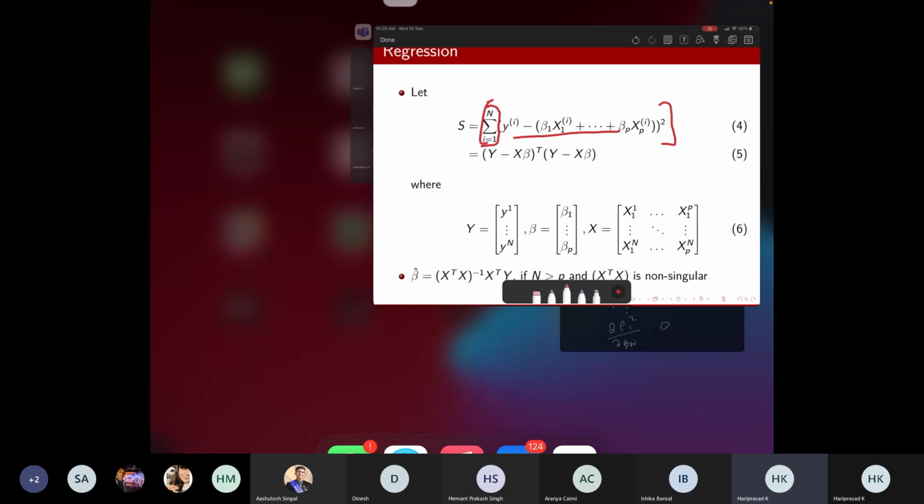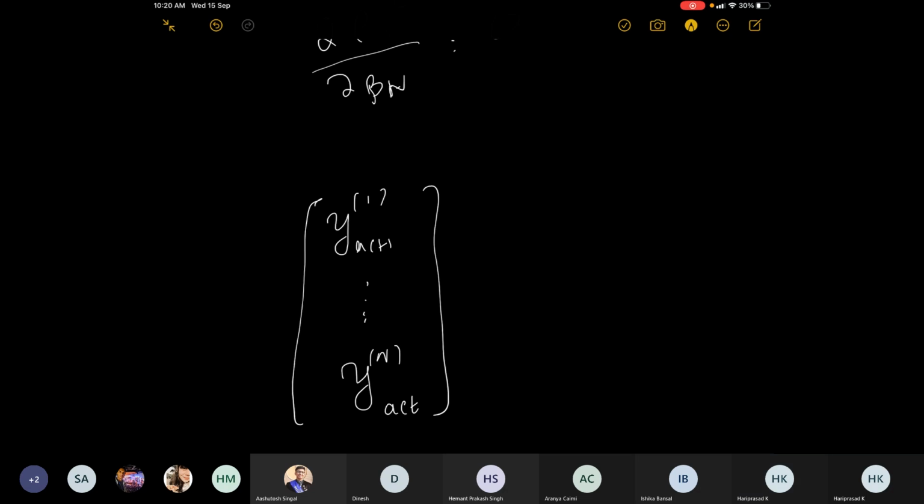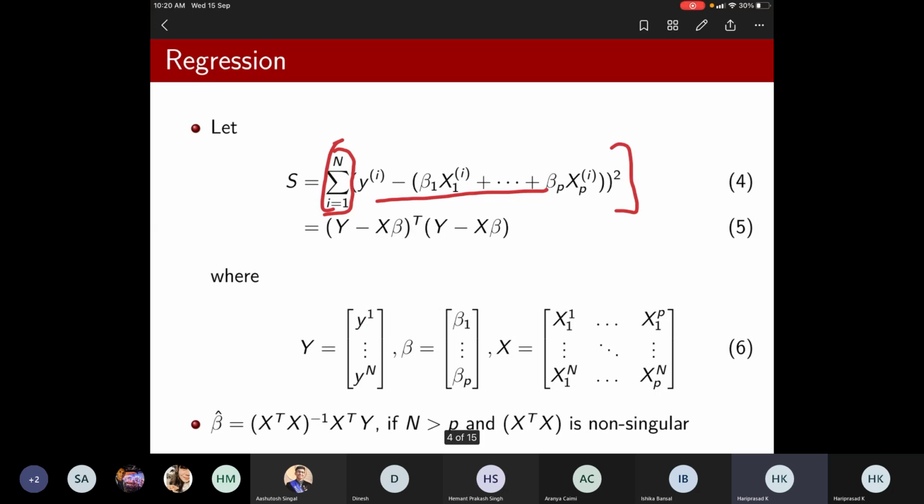A neat way of writing this is, let's say I have y actual 1, up to y actual n. In fact, this is not a matrix, this is a vector. So this stands for the first vector, y.